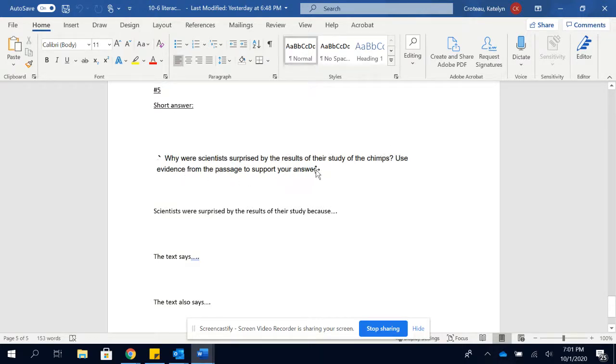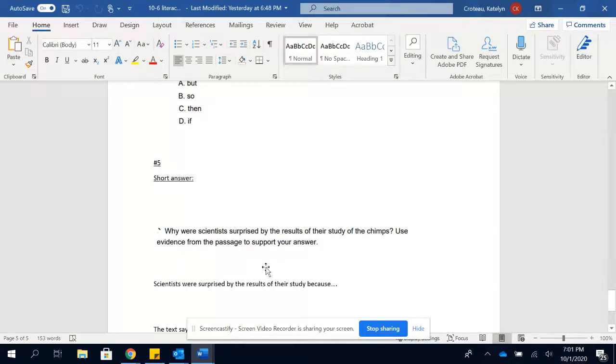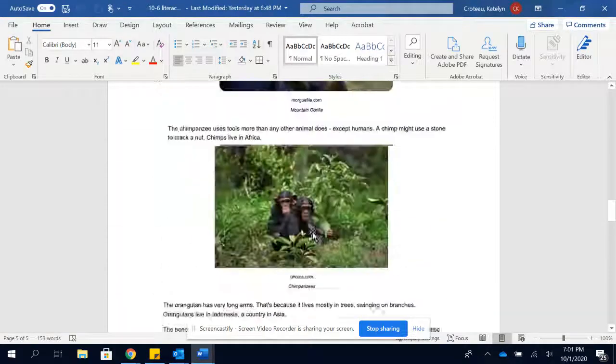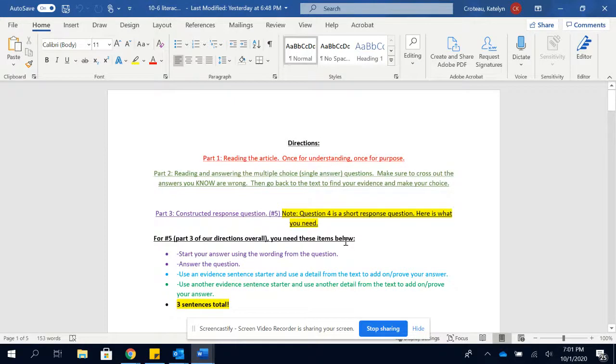Use evidence from the passage to support your answer. So you basically just tell me here, why were they surprised? And then give me some evidence about what the text said about them being surprised, or about the study itself and what surprised them. Okay? So remember, that's a 3 sentence response. Good luck. I know it's a lot, but I believe you can do it.